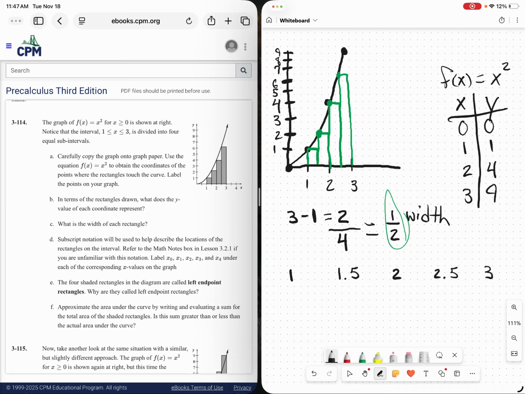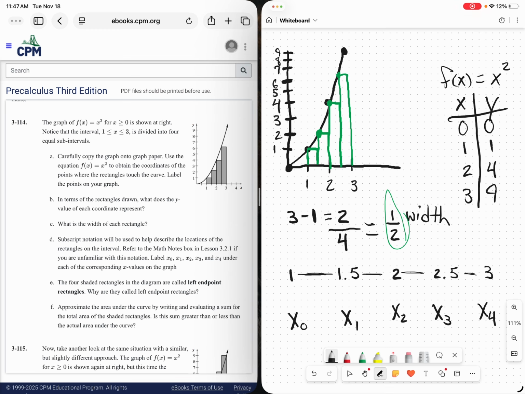You said 4 equal parts. Correct. 4 equal parts in the sense that's a part, that's a part, that's a part, that's a part. So 4 parts, but 5 points. So when we label these points, we're labeling this x sub 0, or our starting point, x sub 1, x sub 2, x sub 3, and x sub 4.